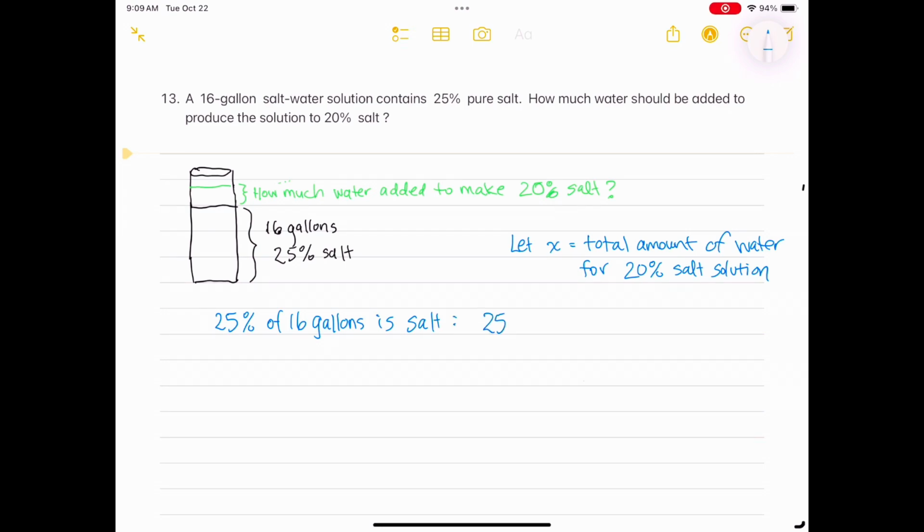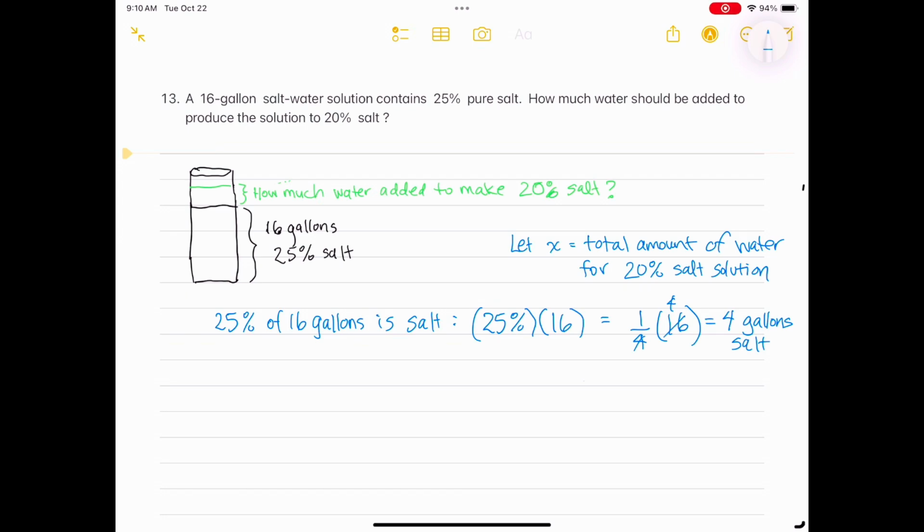I simplify this calculation by making 25% into the fraction 1/4. That would be an easier calculation to do than 0.25 times 16. Instead, I just multiply 1/4 times 16, which is 4.